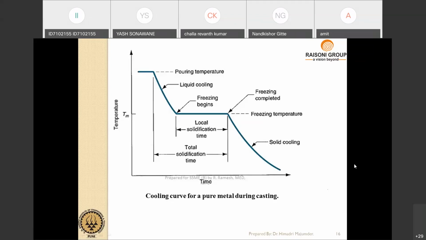Hello, sir. Yes, tell me. It is a manufacturing process in which a liquid material is usually poured into a mold. Yes. And after that? That's all, sir. Which contains a hollow cavity of the desired shape and allows it to solidify.